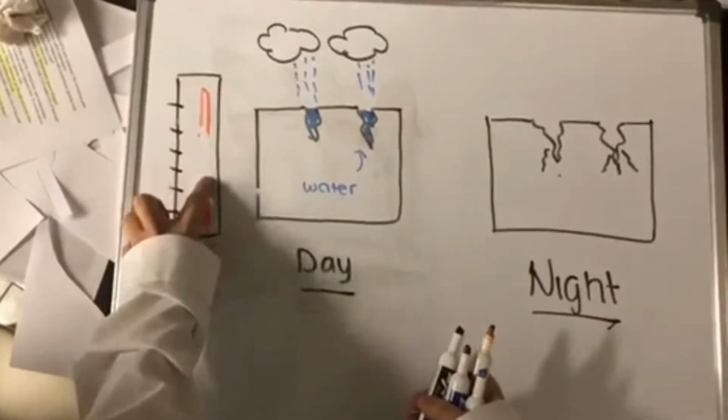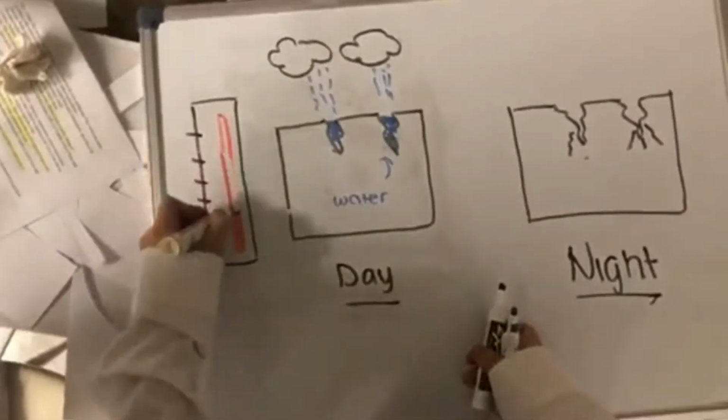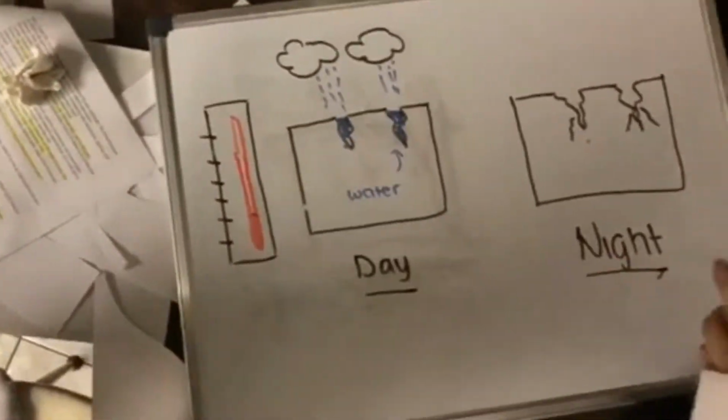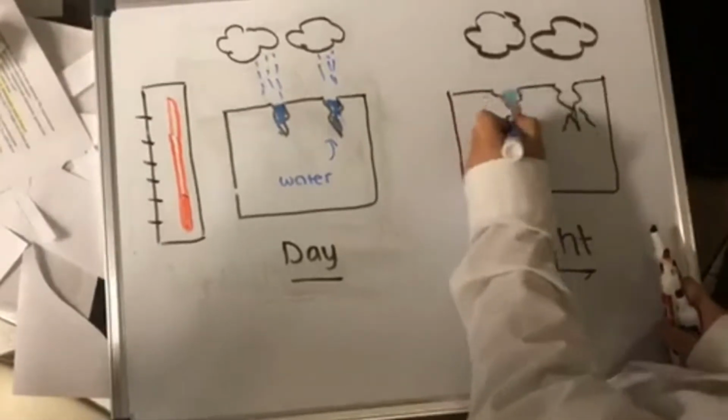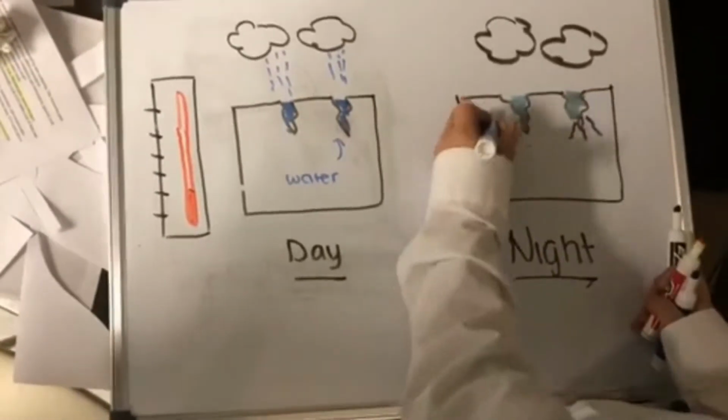At night, the temperature will drop, causing the water to freeze. When water freezes and forms ice, the crack will expand, allowing the increased pressure to crack and shatter the rocks.